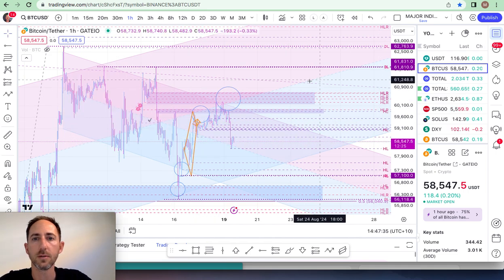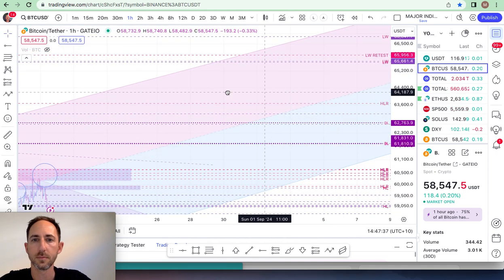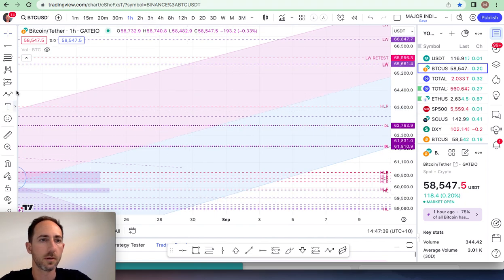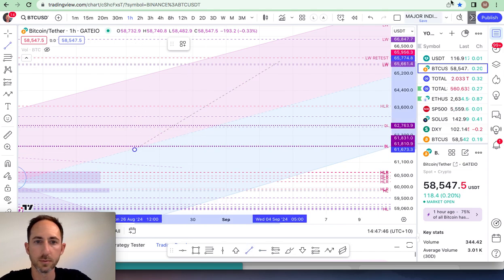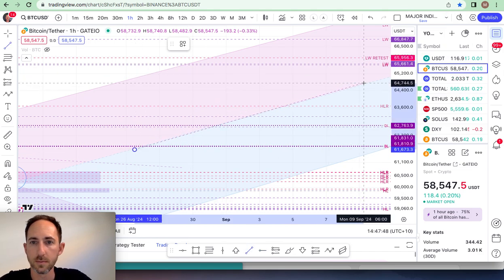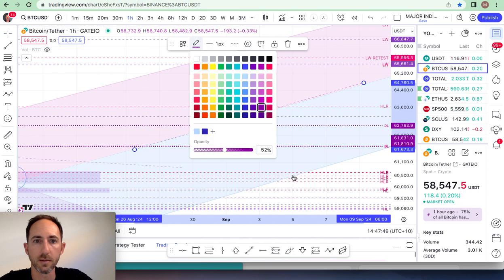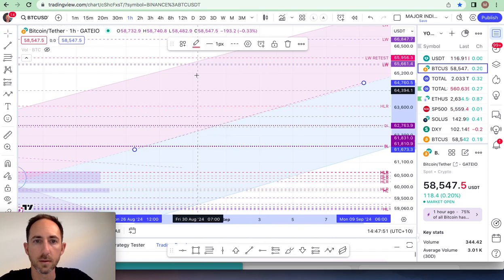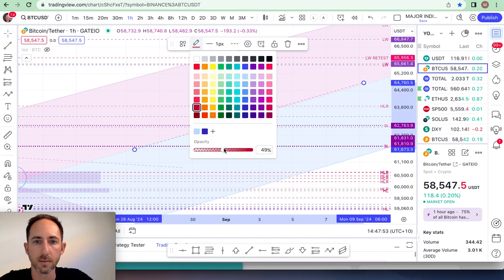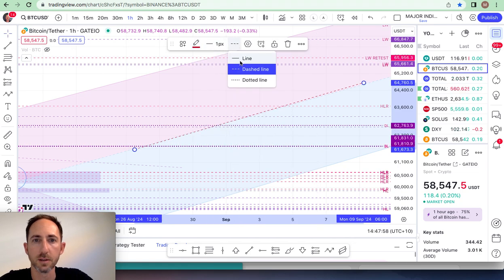if we have this trend line up here, draw it through here. Let's make it really dark. No, that's really dark. And let's make it a straight line.